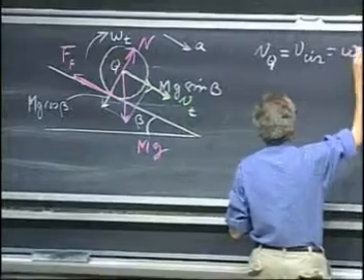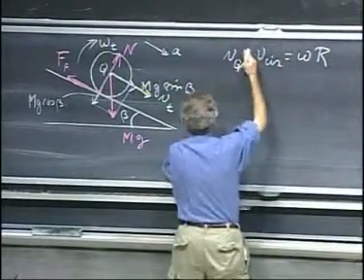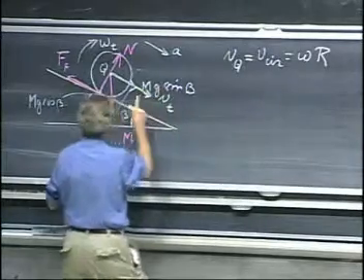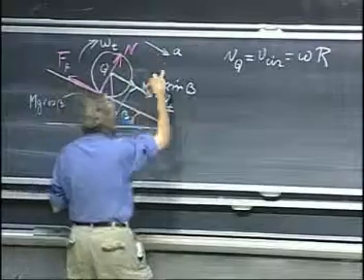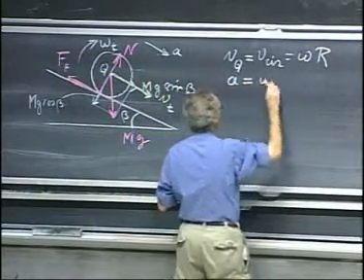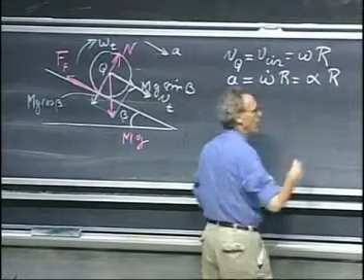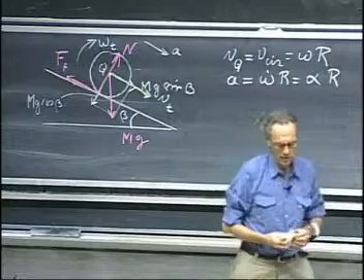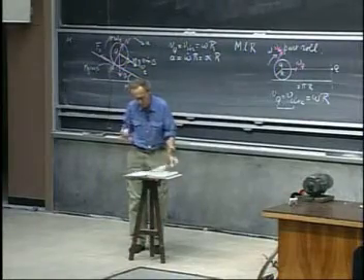That equals omega r. This is always true, but this is only true when it is pure roll. I take the time derivative. The derivative of the velocity of that point Q is per definition its acceleration. So I get A equals omega dot times r, and that equals alpha r, alpha being the angular acceleration. So this is the condition for pure roll.